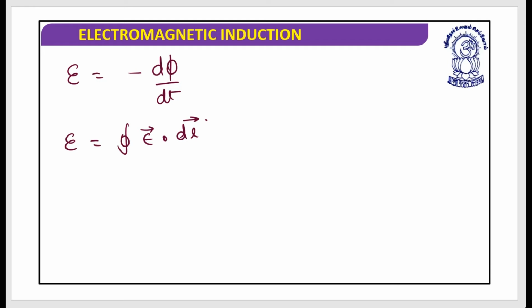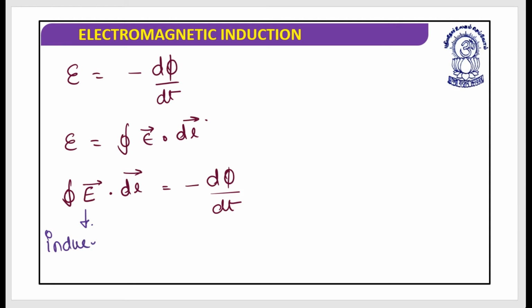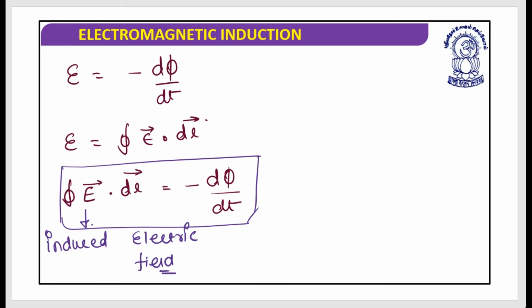So if I equate both, the line integral of E dot dl should be equal to minus d phi by dt. This E we call the induced electric field. I hope you understand this. And this is the relation to find out the induced electric field.